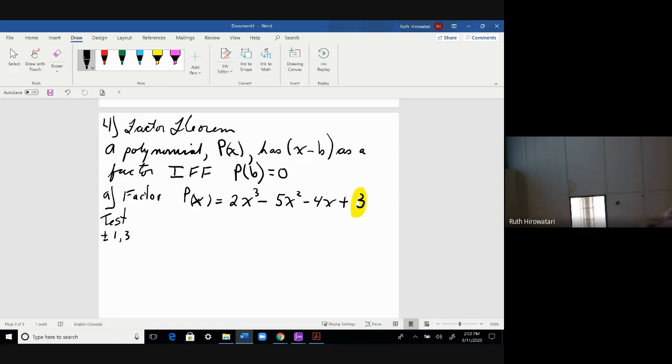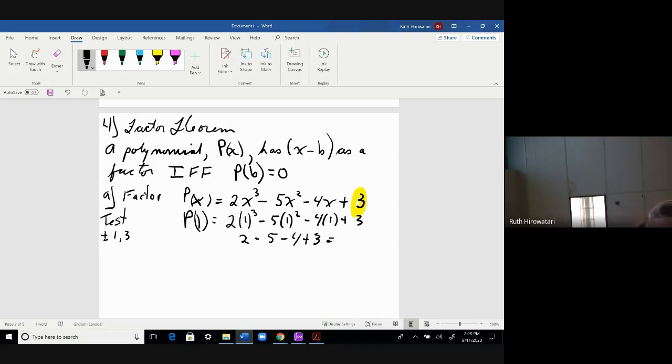If the polynomial at 1 were equal to 0, you would know that x minus 1 was a factor. So if I let x equal 1, I'd get 2 times 1 cubed minus 5 times 1 squared minus 4 times 1 plus 3, which would give me 2 minus 5 minus 4 plus 3, which would give me what?